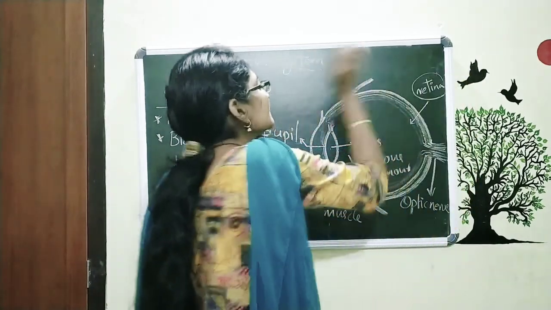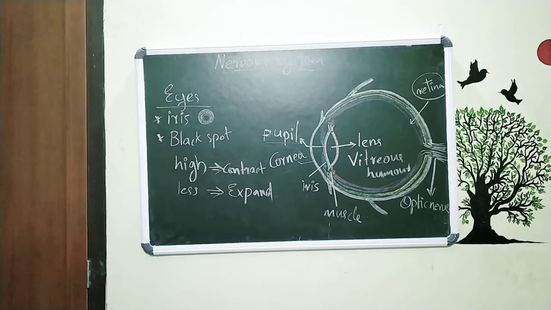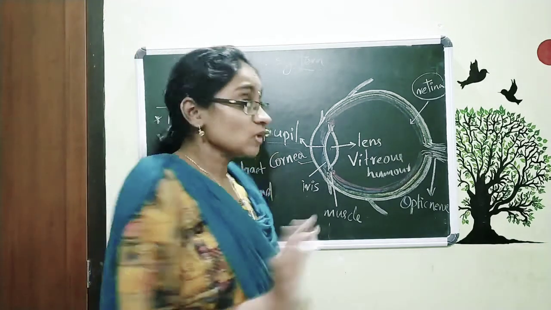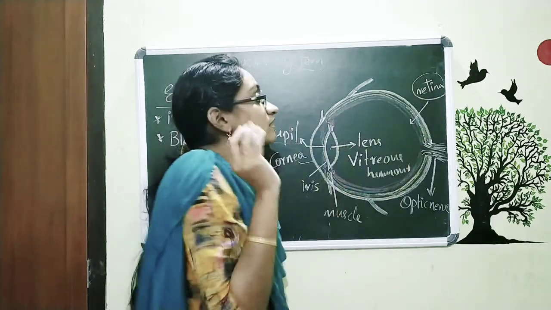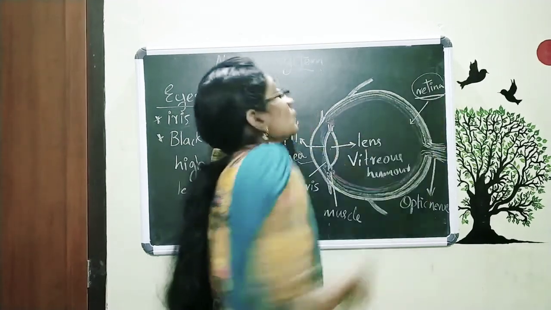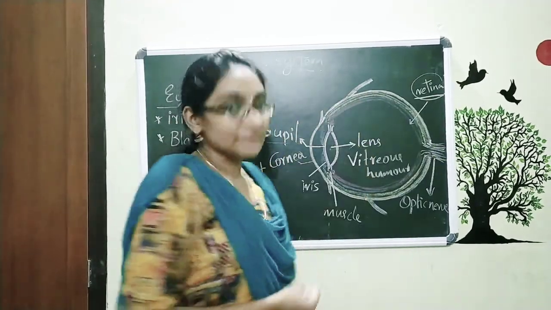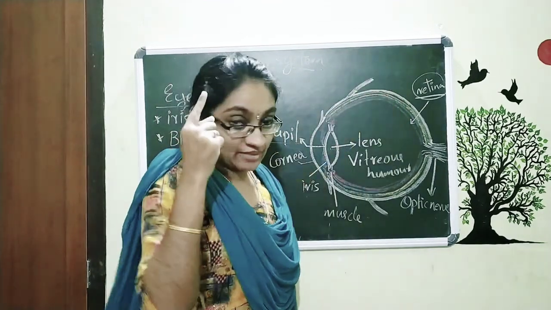The eye has different layers like sclera, choroid, retina. But now you just want to focus on the retina. Retina is the part which plays an important role in capturing images and sending the message to our brain.